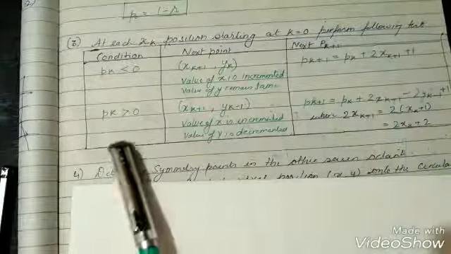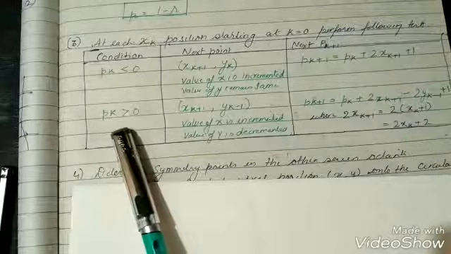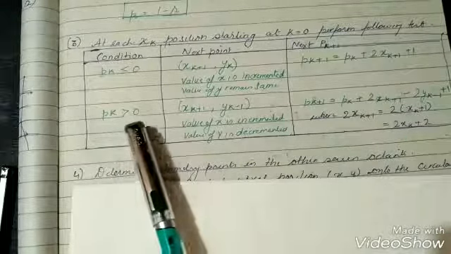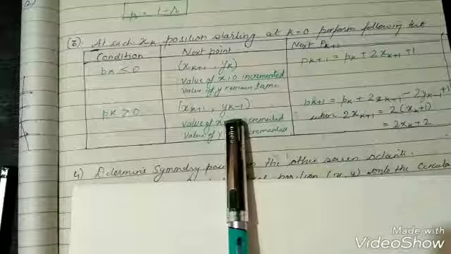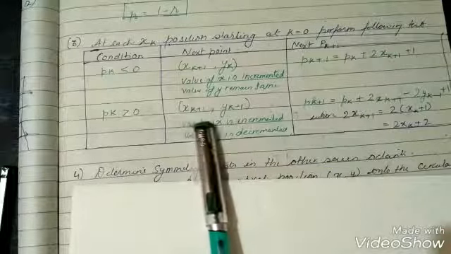Similarly, if pk, the decision parameter, is greater than 0, we increment the value of x but decrement the value of y by 1. You need to remember this.